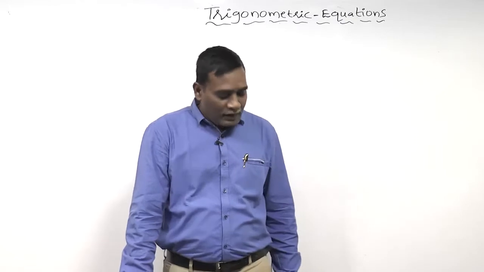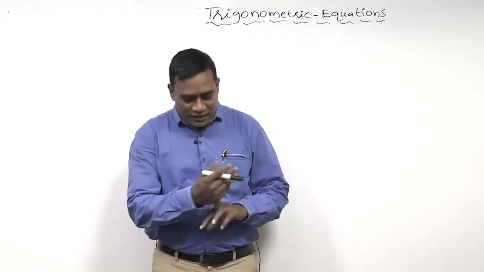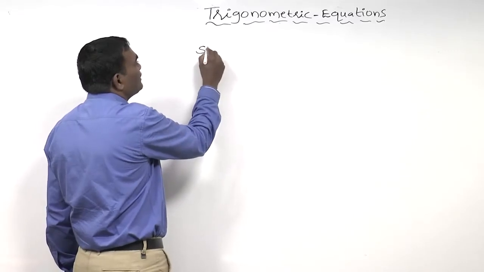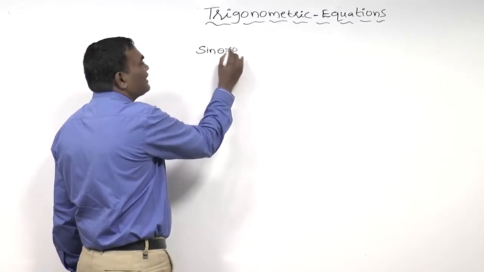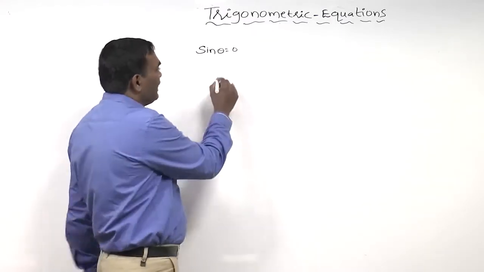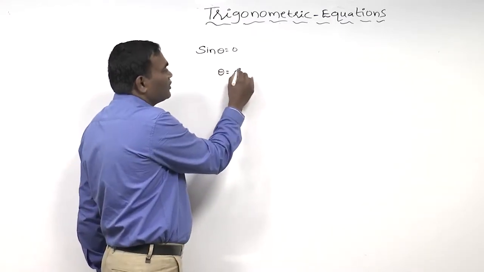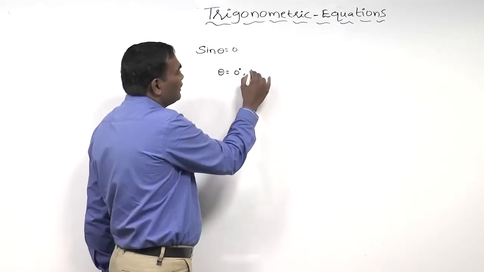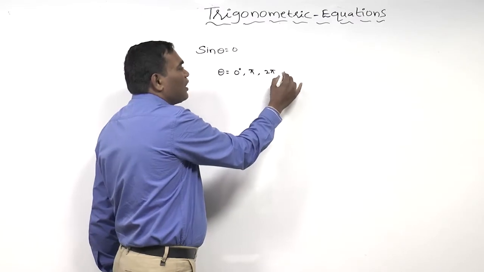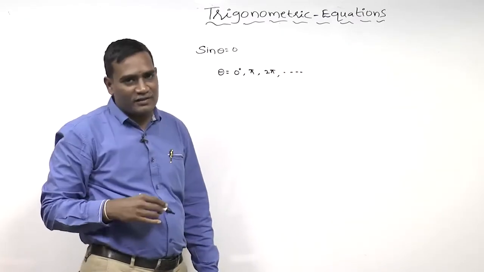In this, what is the general solution? General solution means, here you take sin theta is equal to 0. When sin theta is 0, for what values is it 0? At theta is equal to 0 degrees, 180 degrees, or 2 pi. For all these values, sin theta is 0.